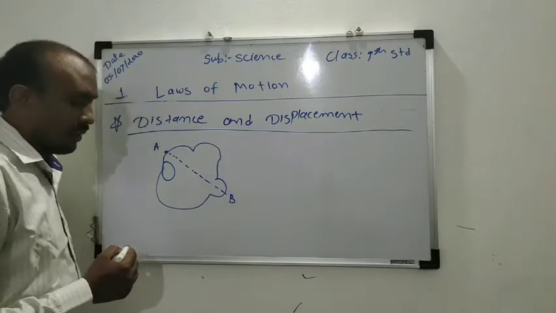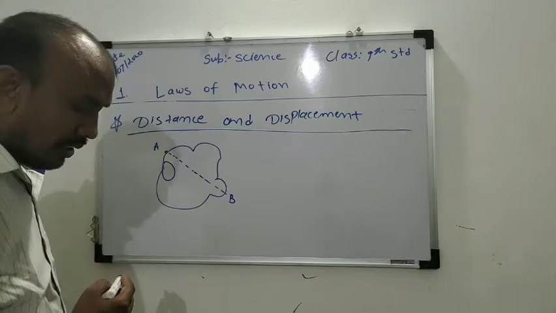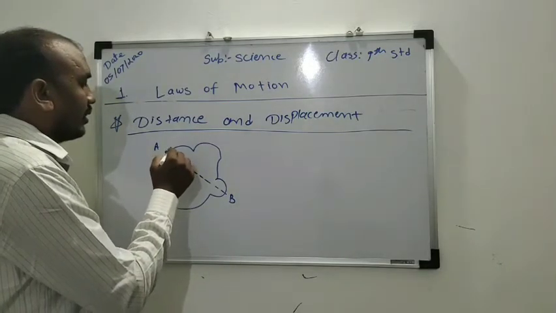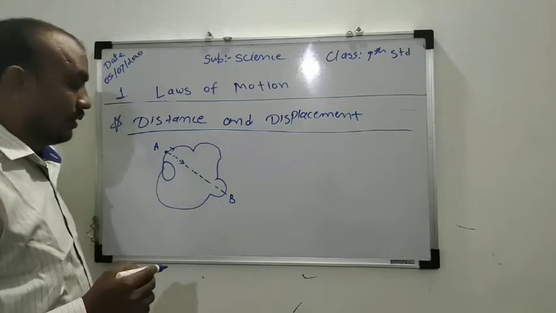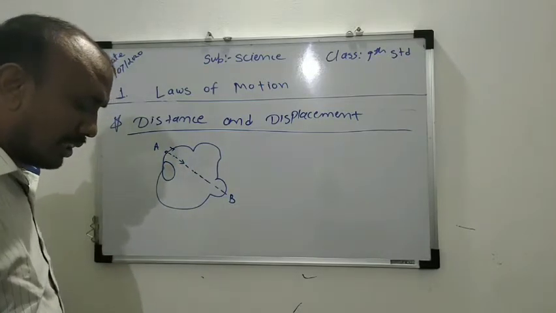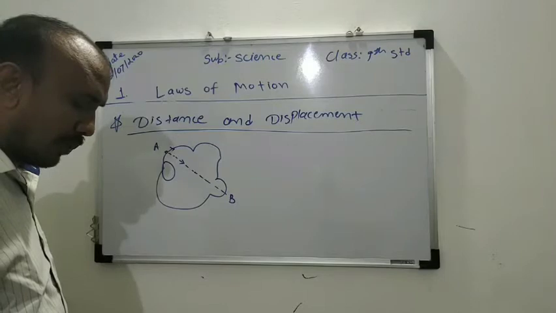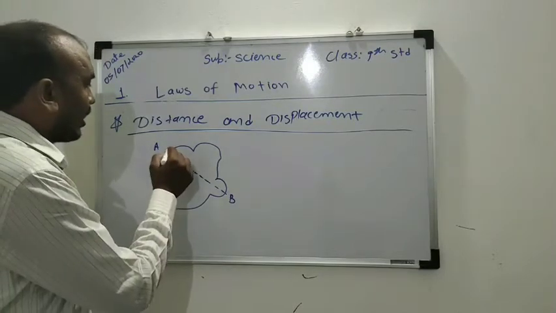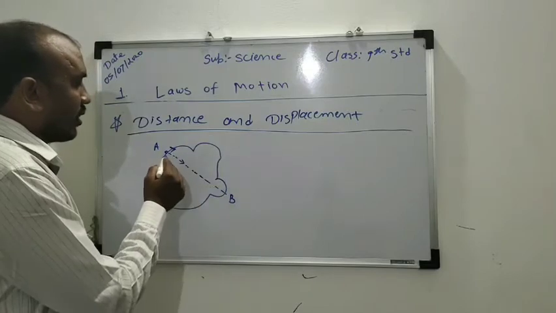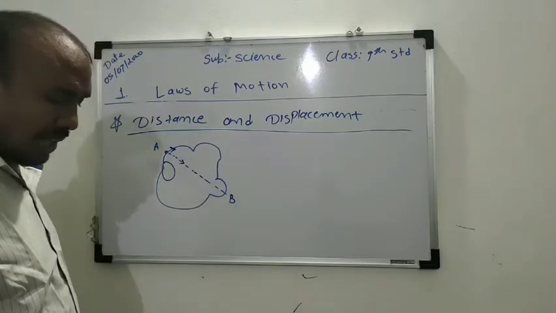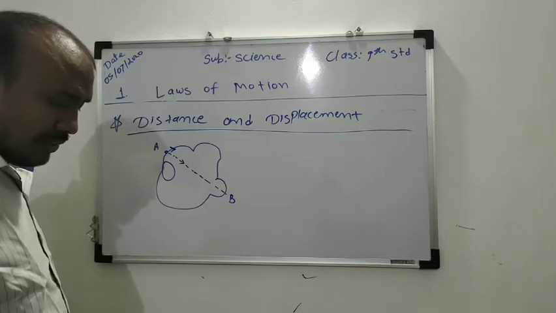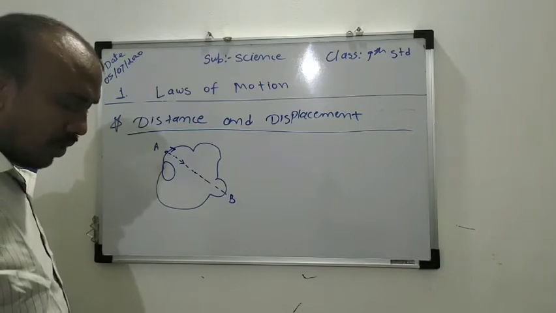Suppose you travel from A to B this way and this way. Here we measure the distance between the points A and B by different ways as shown in the figure. Now measure the distance along the dotted line.